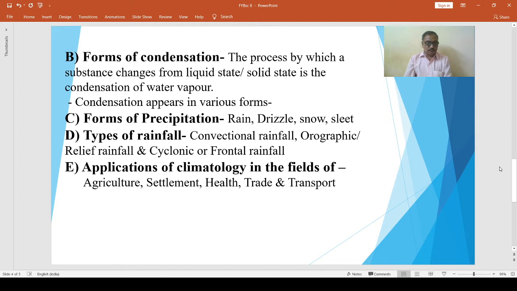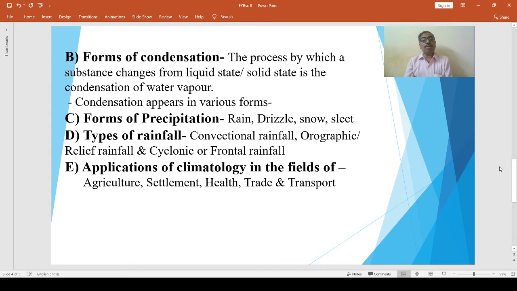The moisture deposited on the surface or blades of grass and leaves of plants are known as dew. The favorable conditions for occurrence of dew are long winter night, some amount of water vapor, calm weather, clear sky. In this way, the Earth's surface becomes very cold.